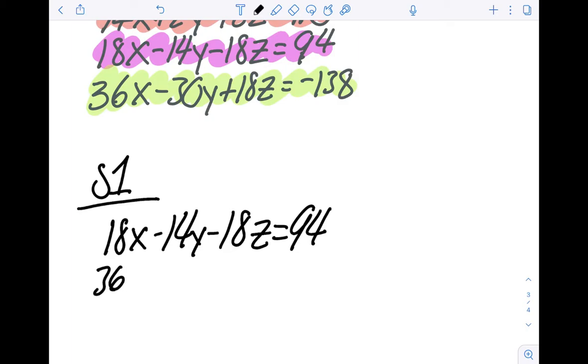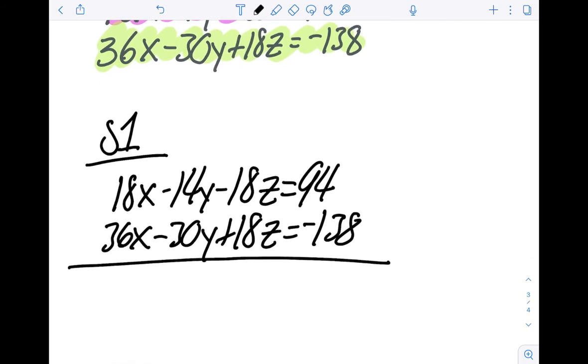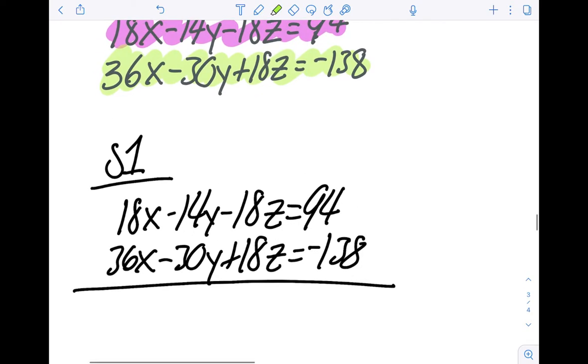Green is 36x minus 30y plus 18z is equal to negative 138. So this was, once again, pink and green. I don't want to pick that combo again.